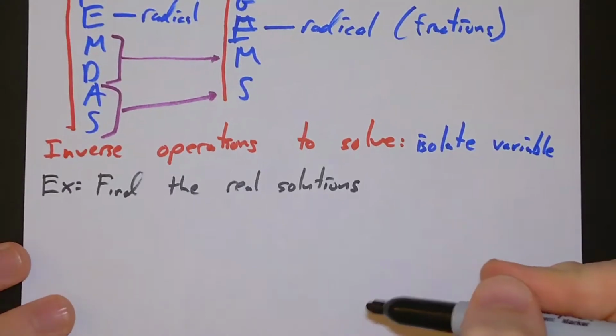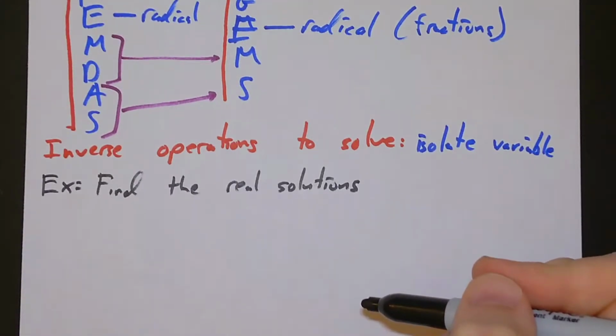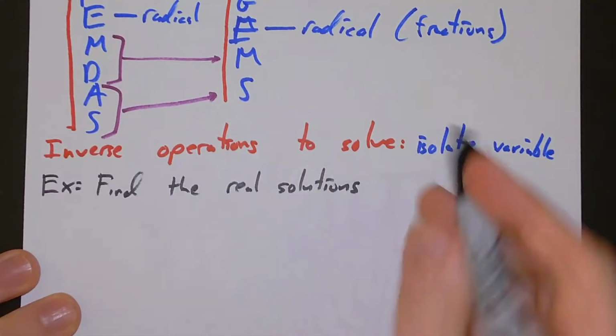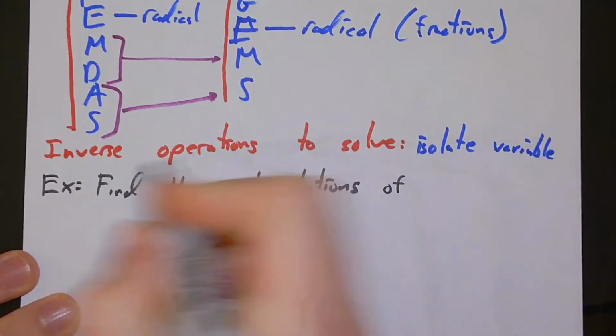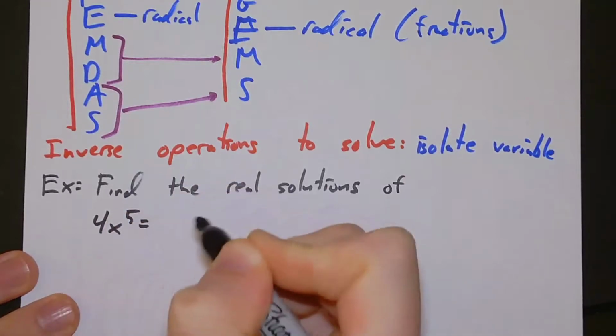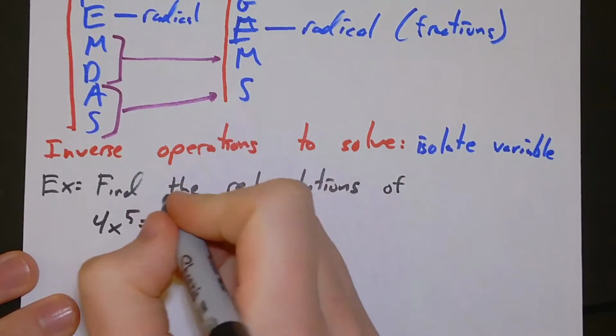So on the test or on a quiz or something, it would have this verbiage, but not every problem we will do, I'm going to write out all the words, right? So we're going to find the real solutions of whatever our equation is. And in this case, it's going to be 4x to the fifth equals 128.